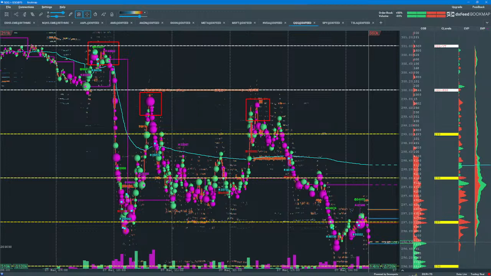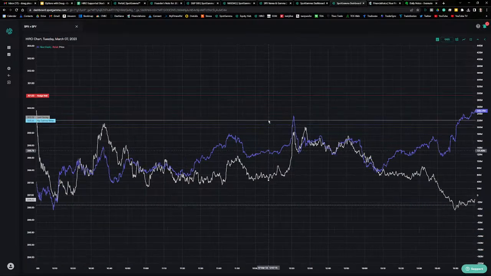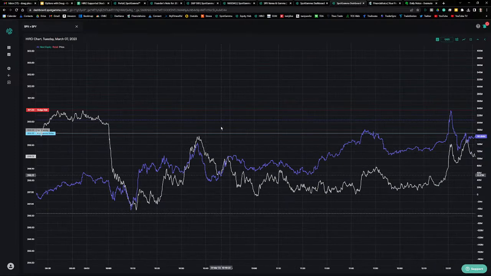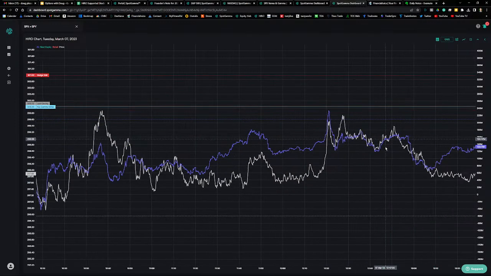Let's go to Hero and see what Hero is doing at that time. So there's the 1030 reversal lower confirmed by Hero. And then the 1230 is a better signal.